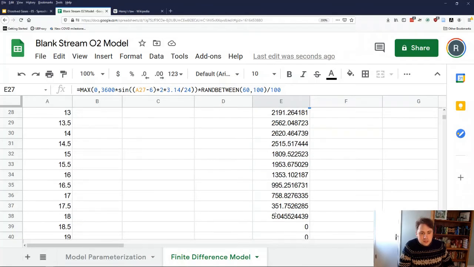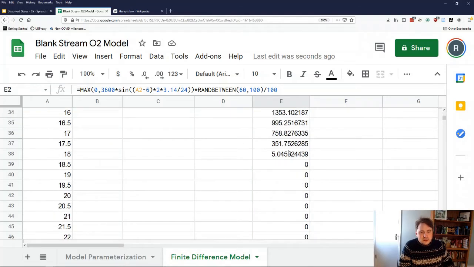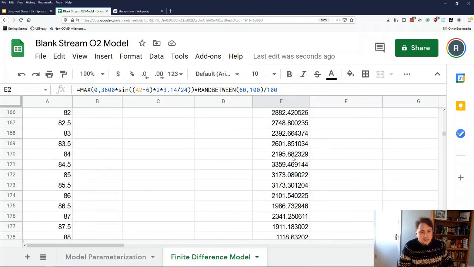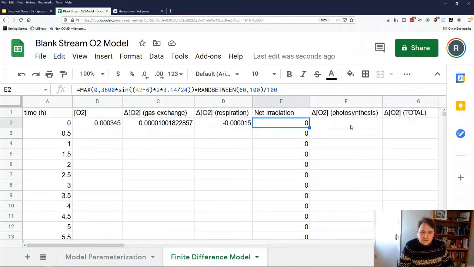And then the sun sets at 1800 hours. So great, we have a net irradiation term here. This is a forcing that we use, and you can see it repeats every day. Night, day, night, day, night, etc.